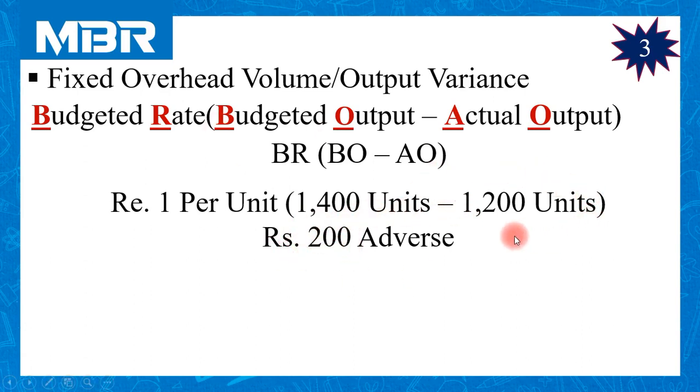Instead of that, we can produce only 1200 units of output. So the units of output reduced. If output is decreased or reduced compared to the estimation, the situation is adverse for the company. So the result is rupees 200 adverse.